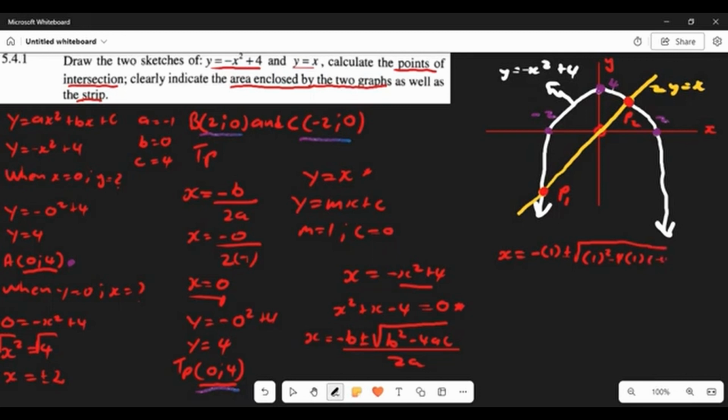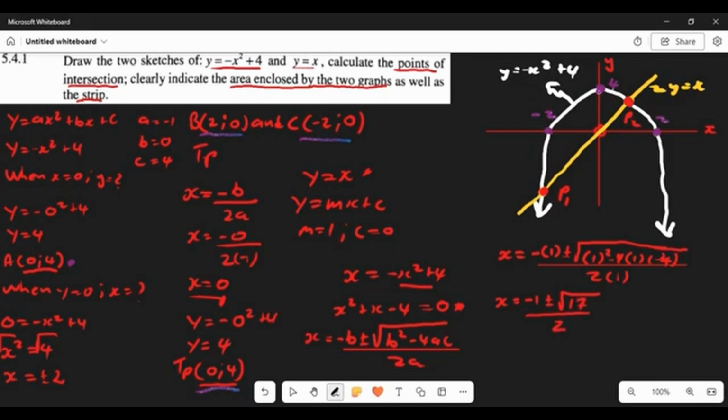And then all this is divided by 2, and a is 1. If you put this on your calculator, you're going to get negative 1 plus or minus the square root of 17, divided by 2.